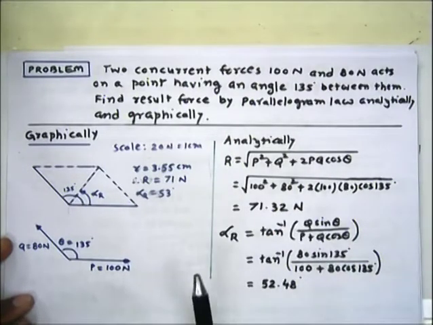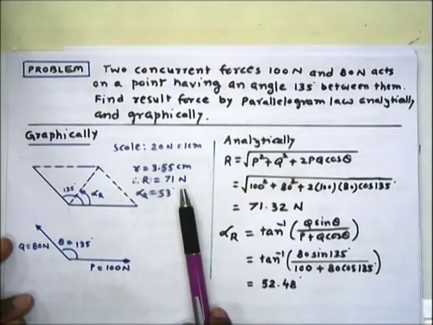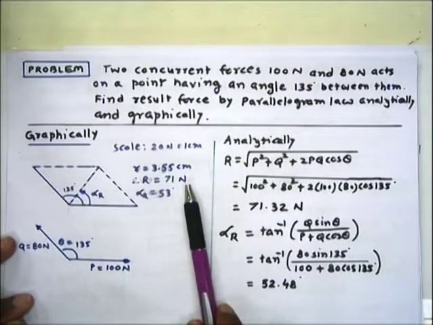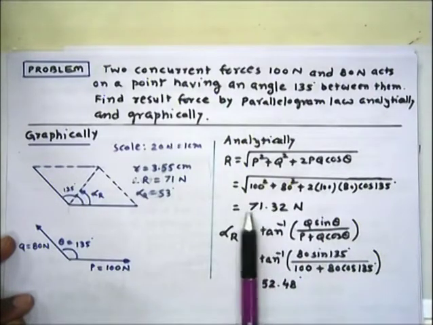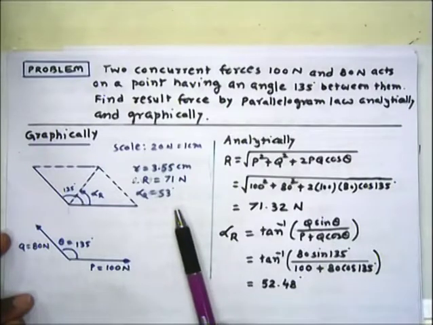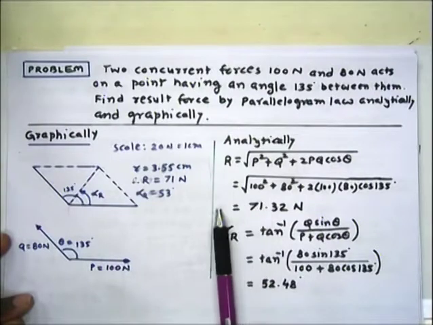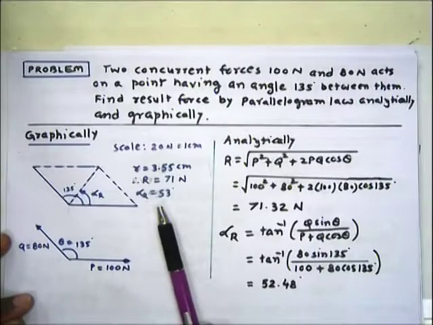Now we can compare the results because we have already calculated the value of the resultant graphically and analytically. Graphically that value is coming 71 Newton, while here it is coming 71.32. So there is a slight difference between these two values, but the graphical method, as you know, is not an accurate method. It will give values near to the numerical value. But it is an easy and convenient method, that is why we adopt graphical methods sometimes.